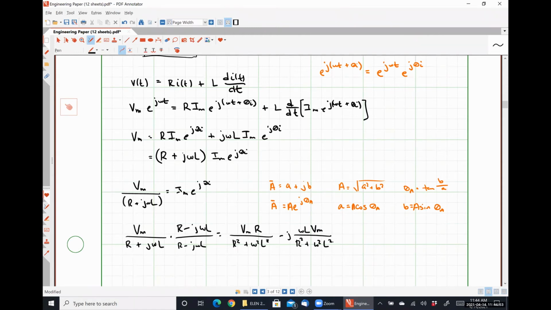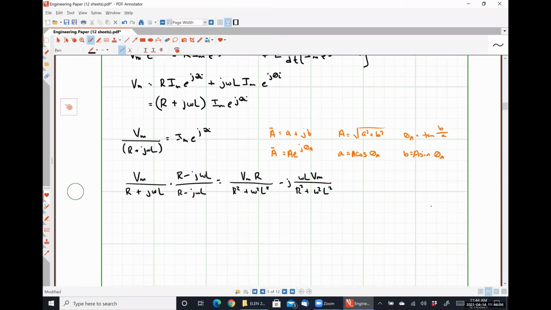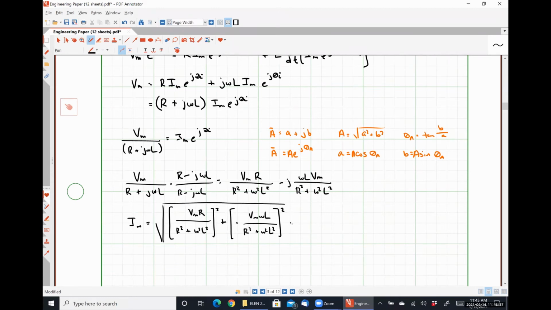So Im, in turn, has to be the square root of the quantity Vm R divided by R squared plus omega squared L squared, squared, plus the quantity negative Vm omega L divided by R squared plus omega squared L squared, squared.